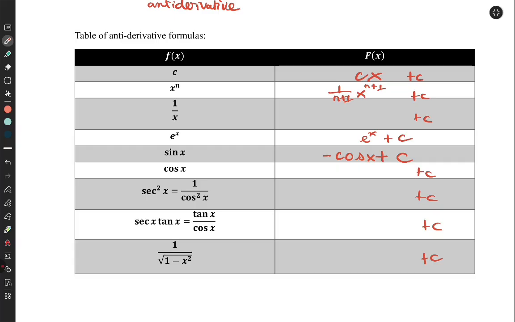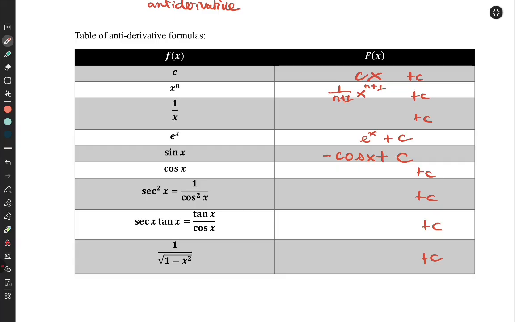That also applies for negative n too. Basically this. If I change this to negative 2, n is not a natural number, it could be a negative number. Same idea. That would be x to the negative n plus 1, negative 1.